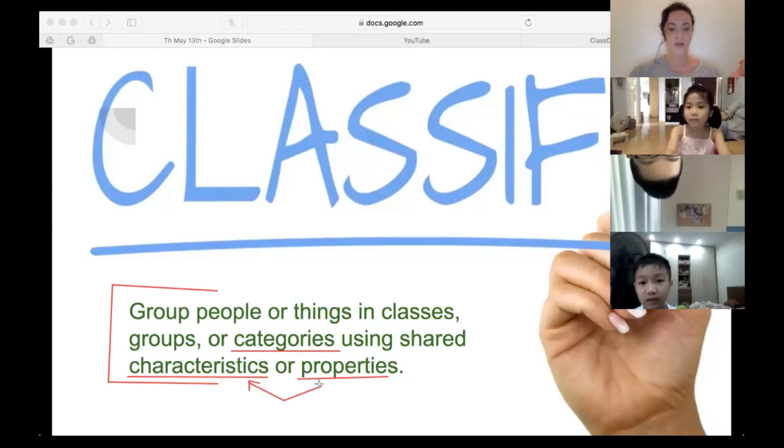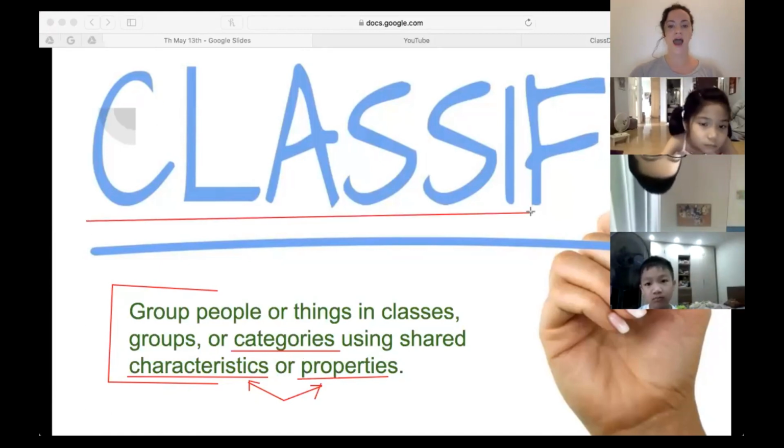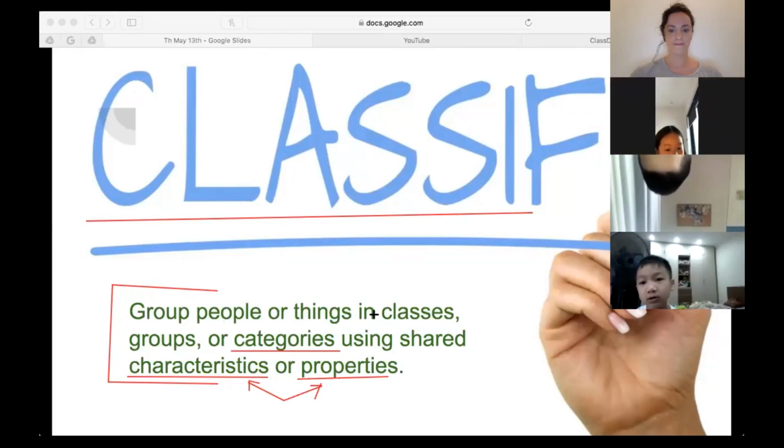Characteristics, properties, very similar, okay? All right, go ahead and read the whole definition for classify. Everyone start with the word classify. 1, 2, 3. Classify. Group of people, things.